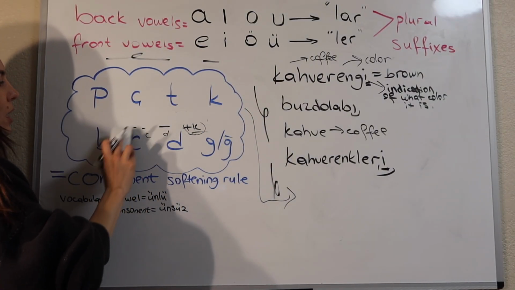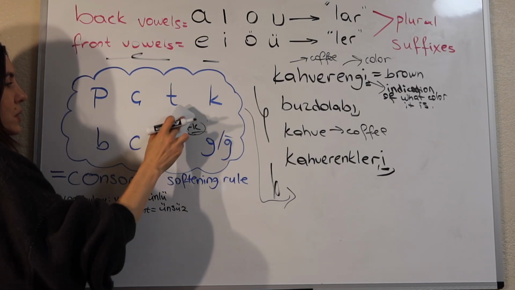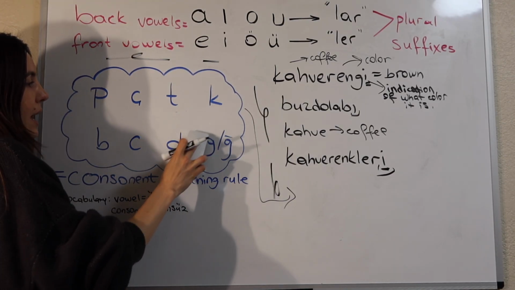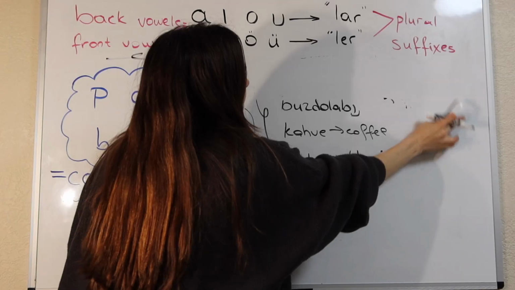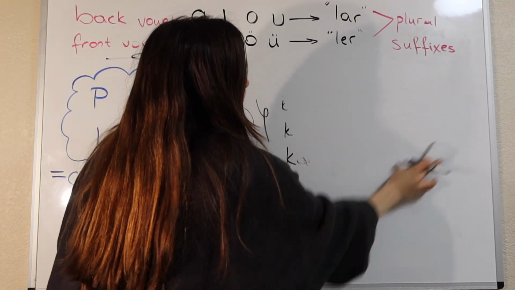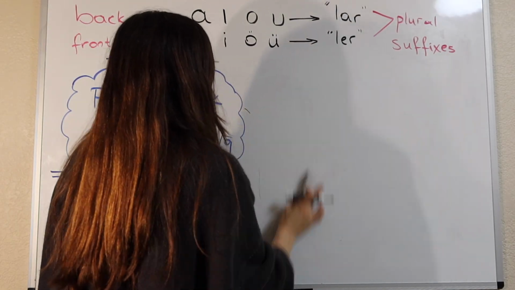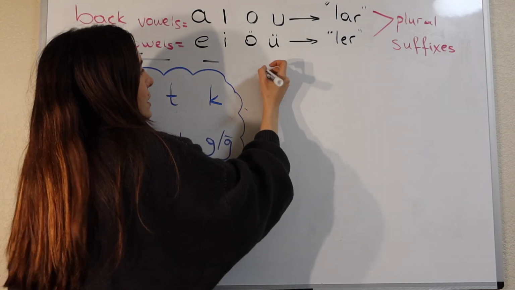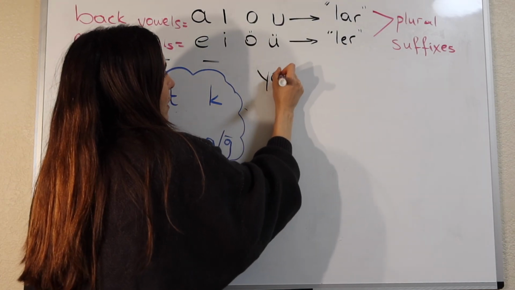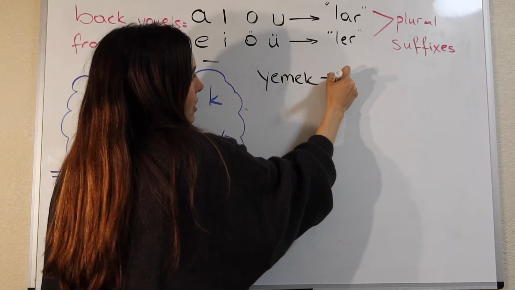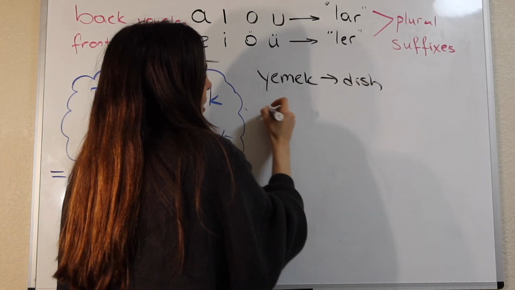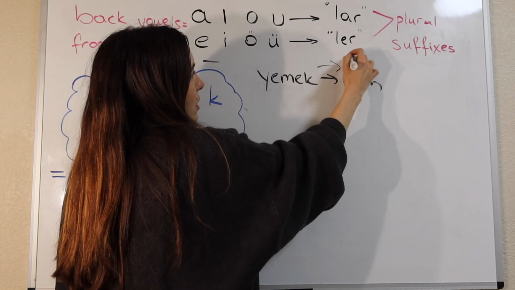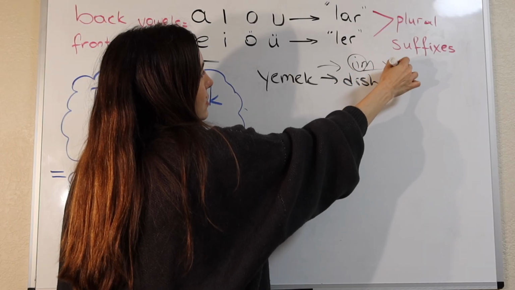To give other very small examples really quick, let's say yemek, like the dish. We're going to add im, mine.